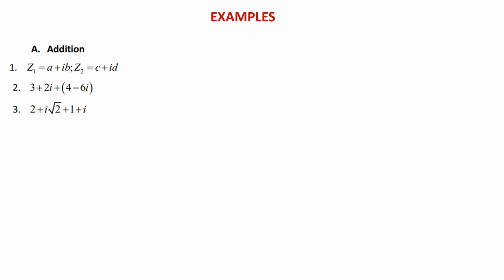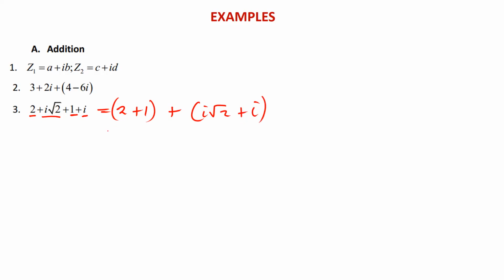So we also have these numbers that we have to add. We just take the like terms and put them together. So we have 2 and +1 in brackets, and you also have the square root of 2 times i and this i there. So you have plus i root 2 and also i.